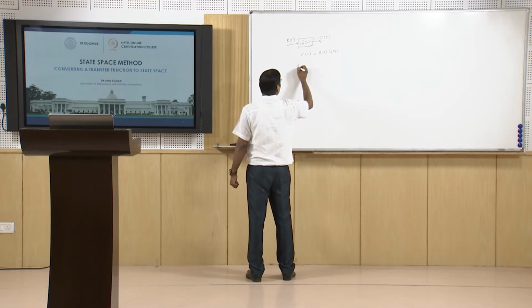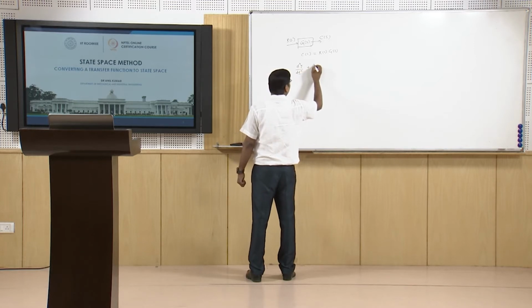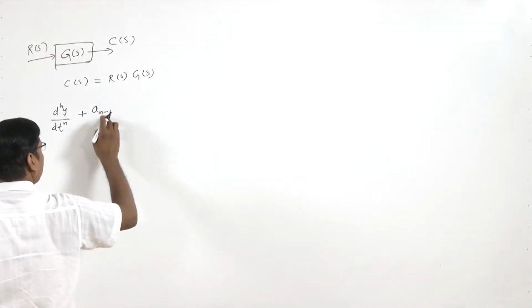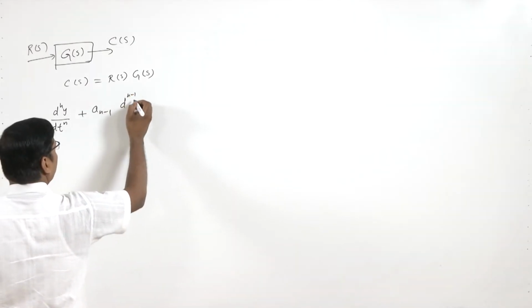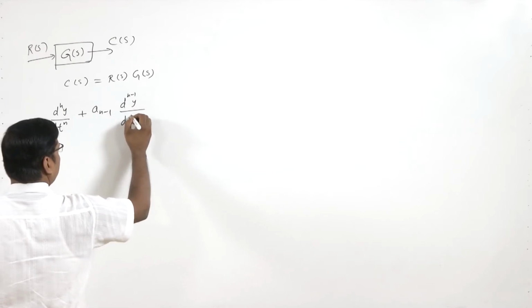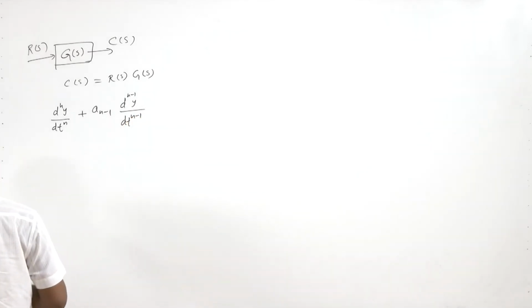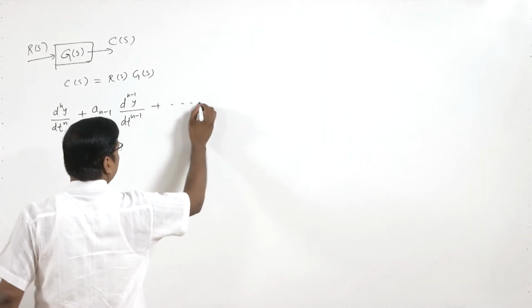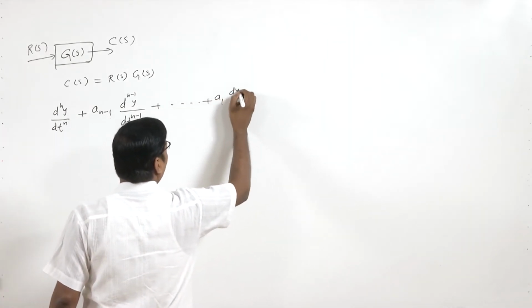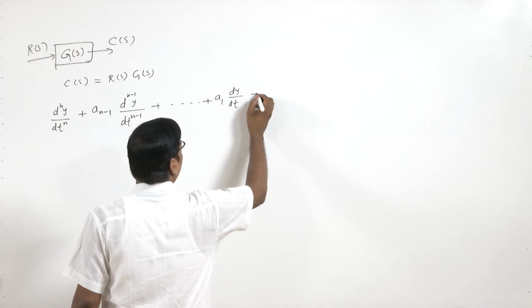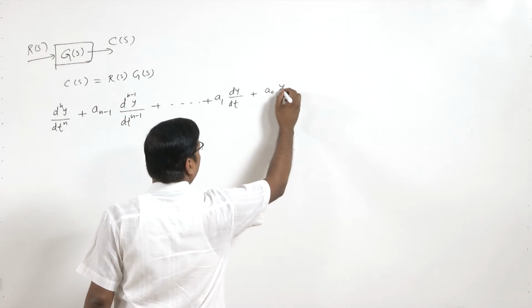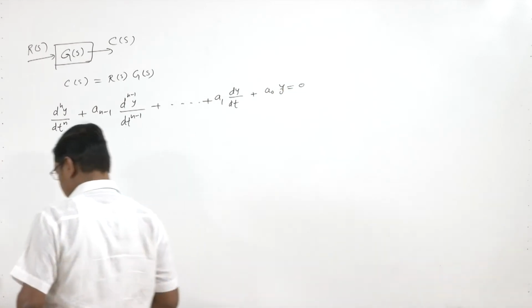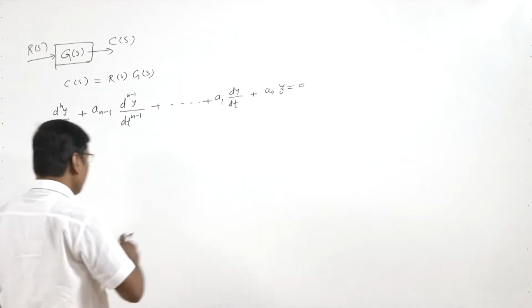So we get d^n y by dt^n plus a_(n-1) d^(n-1) y by dt^(n-1) plus ... plus a1 dy by dt plus a0 y.